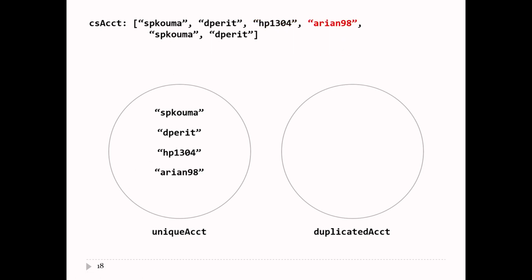When you get to this element here, it is in the set, so when you try to add it to the set, add returns false, so we take that element and put it into the duplicated accounts instead. So that one's already there, it goes here instead. The next element, well, it's already in the unique account set, so it goes into the duplicated account set. And there are your two sets of unique account names and the ones that are duplicated.